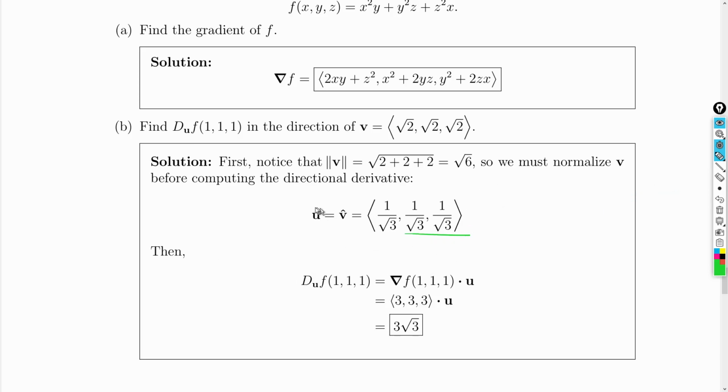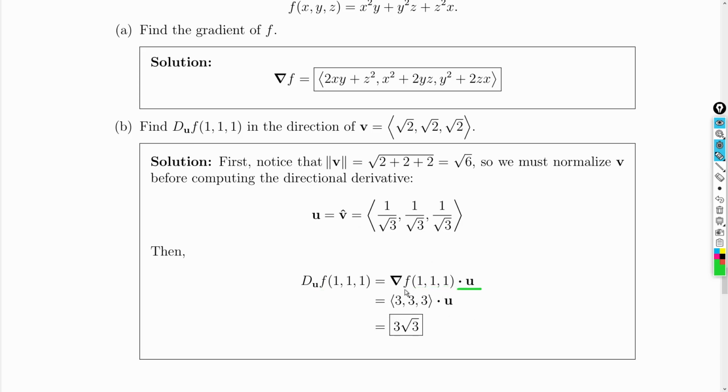Okay, and so that's my normalized version of v. And so the directional derivative is defined to be the gradient of f at the point dot producted with the direction that you're taking the derivative with respect to.